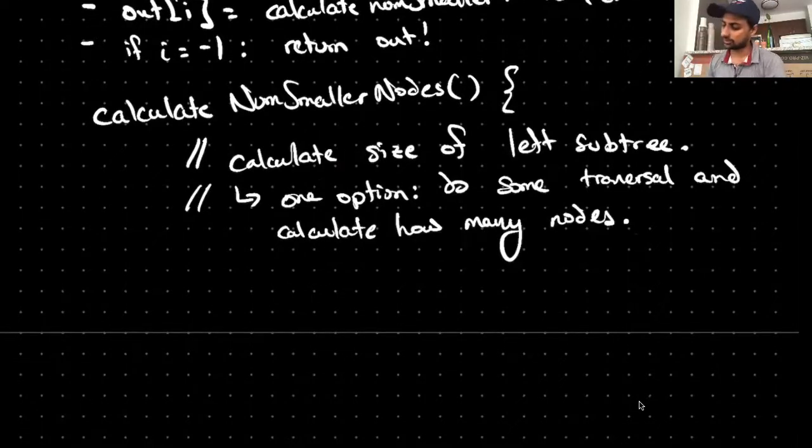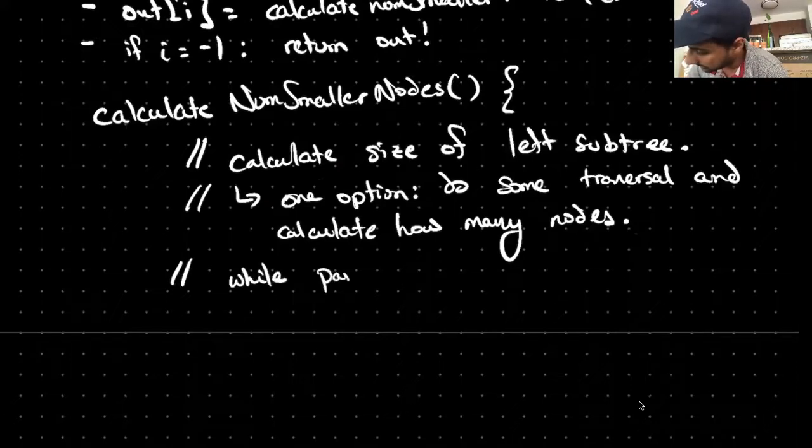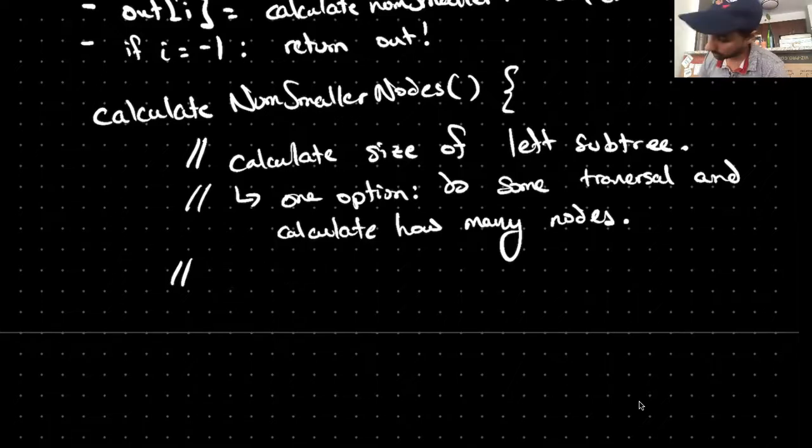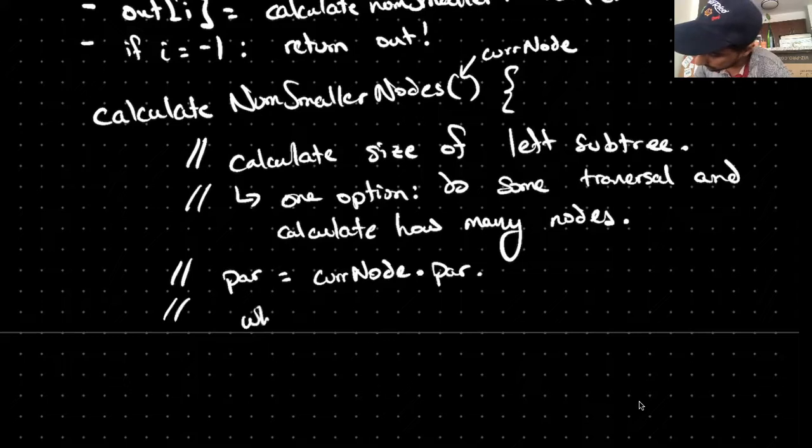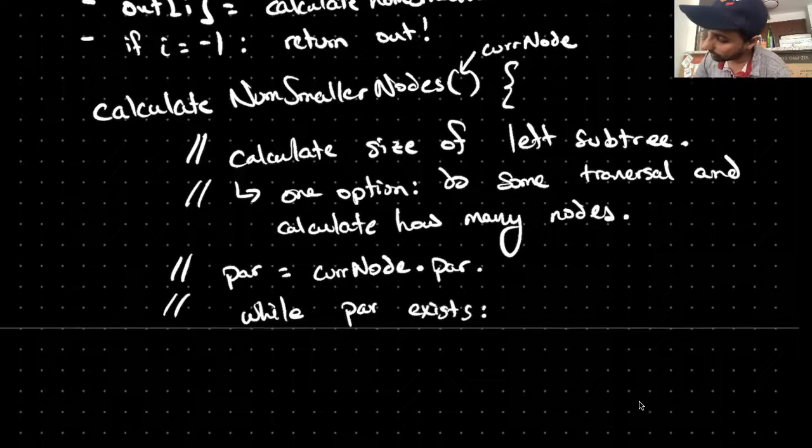So let's calculate the size of the left subtree. And we want to say while parent exists. Actually, before we do that, let's define a new variable. Let's say that the input is current node. And then right now, parent equals current node dot parent. And then while the parent exists, what do we want to do?